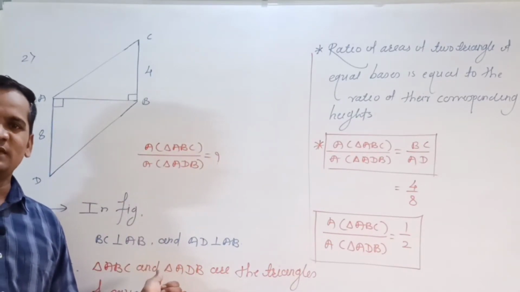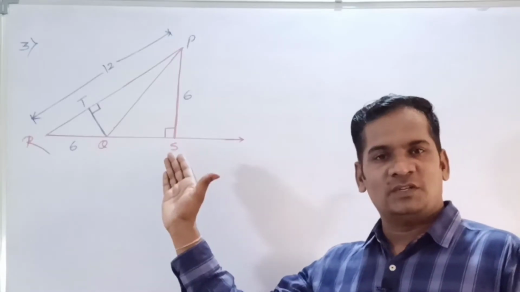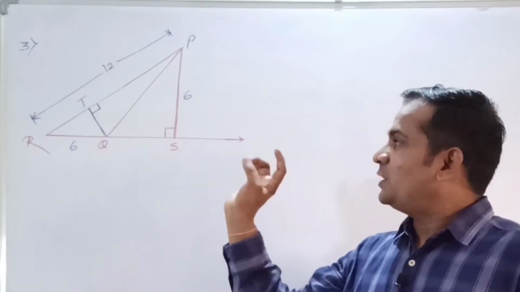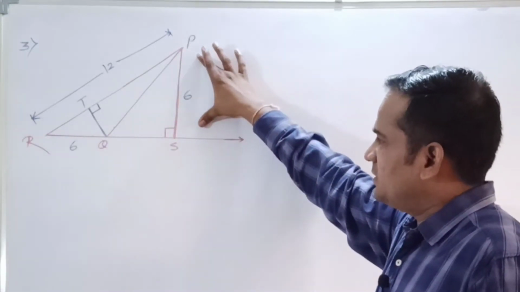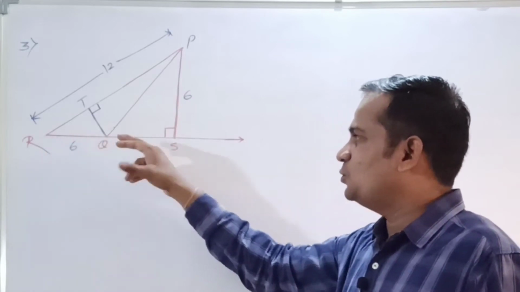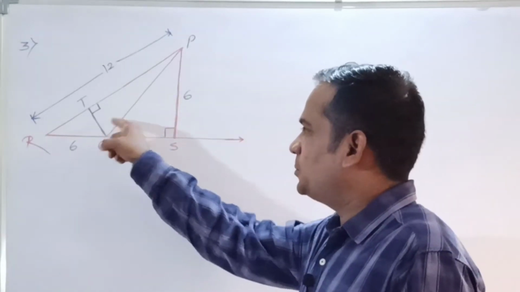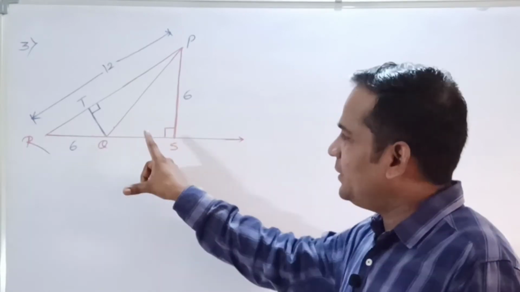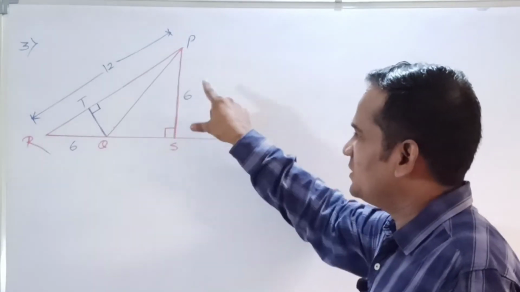So let's move towards question number 3. Let's discuss question number 3. What is there in question number 3? Segment PS is perpendicular to segment RQ. Mind well, this triangle PQR is an obtuse triangle. That's why the height of that triangle is here outside the triangle, that is PS, which is 6.